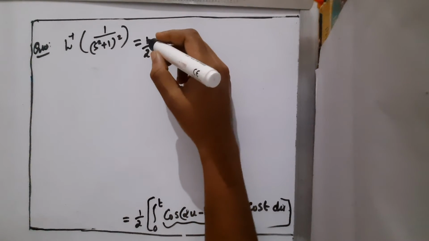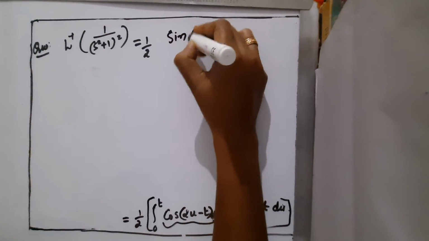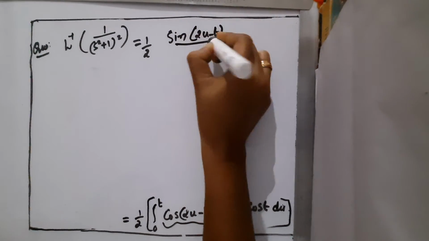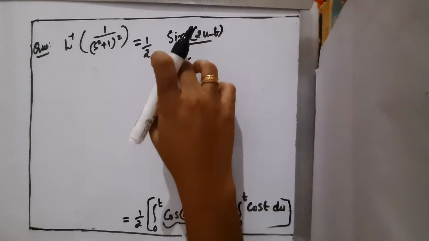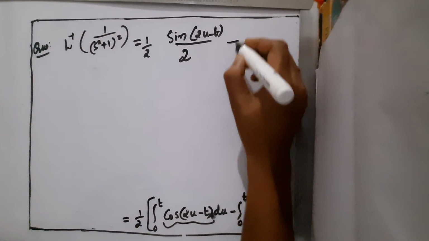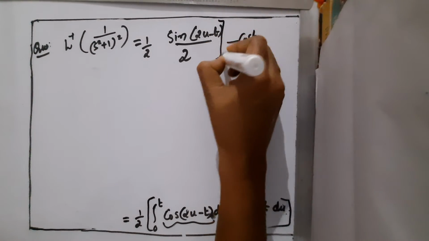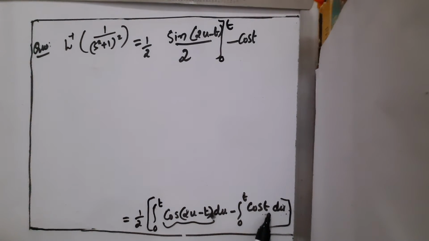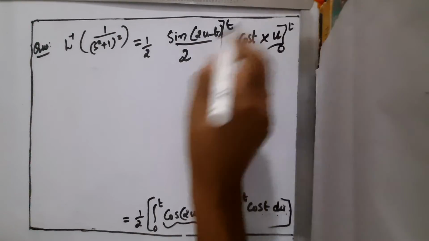The integral of cos x is sin x, so sin(2u minus t) divided by 2, the multiple of u, since we are integrating with respect to u. Minus cos t can be taken outside, cos t is a constant, with respect to u, within the limit 0 to t. And cos t into 1 du gives u, from 0 to t.